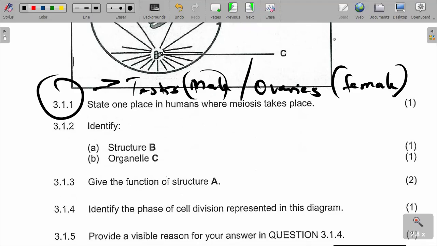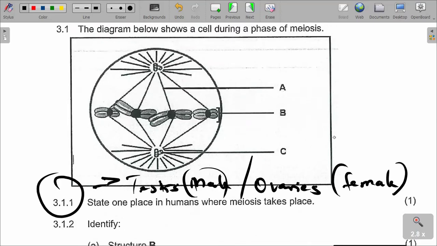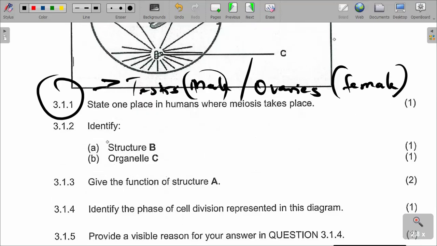And then identify structure B. Structure B, it's a chromosome.